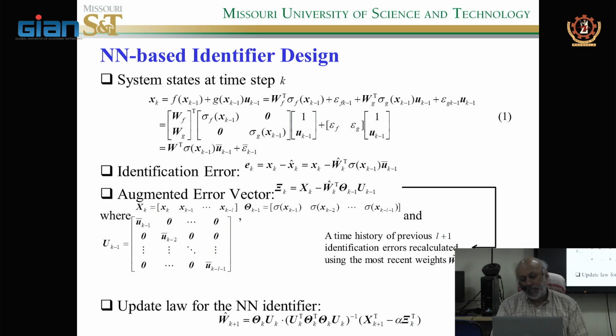So in order to estimate the dynamics, the first step is to use an identifier. Now, those people who have taken adaptive control, what is the purpose of an identifier? What is the goal of an identifier?